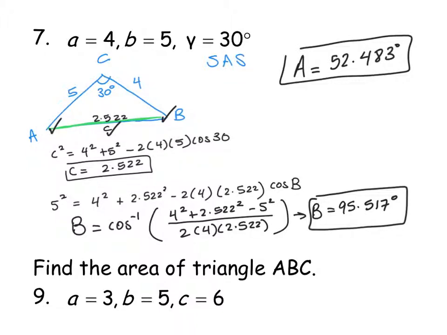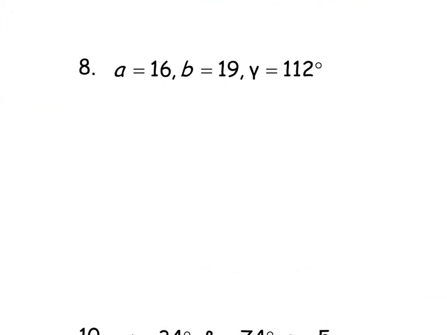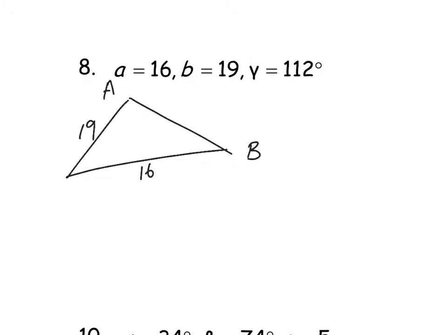Now let's move on to number 8. In number 8, I am given side A, which is 16, side B, which is 19, and angle C, which is 112 degrees. So this is SAS.